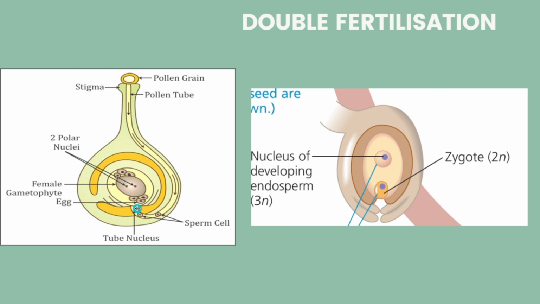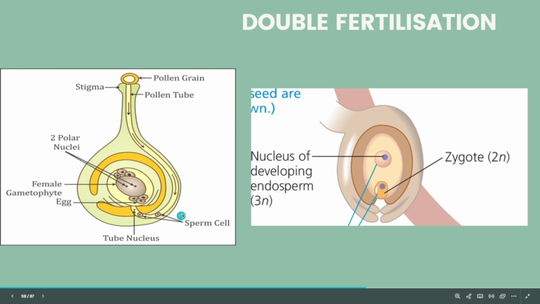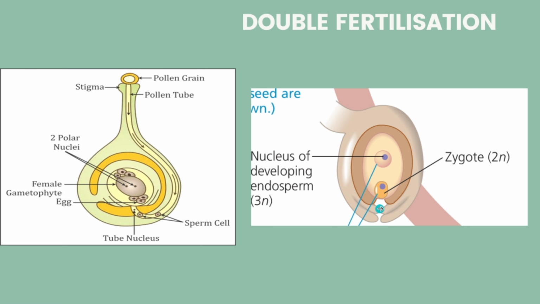You need to know there is something covering it there, so the tube nucleus acts like a shoulder opening the route for the sperm cells, allowing the two sperm cells to enter the embryo sac. One sperm cell will fuse with the egg cell to form the zygote. The other sperm nucleus will enter the central cell with the two polar nuclei, forming a triploid nucleus, which is the endosperm.